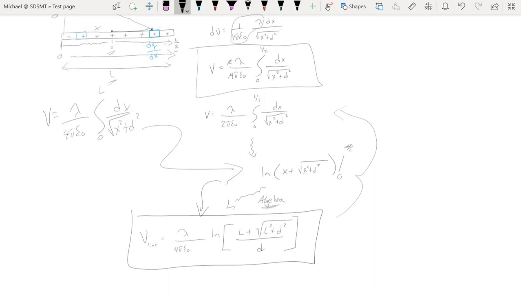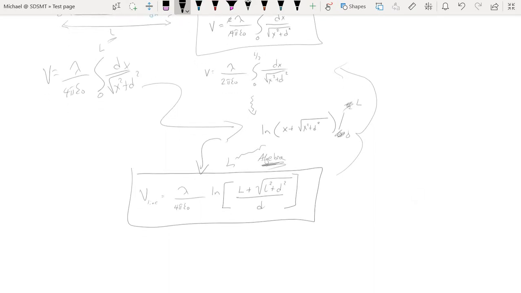We would just have to go back and redo all of the algebraic steps for the limits right there.